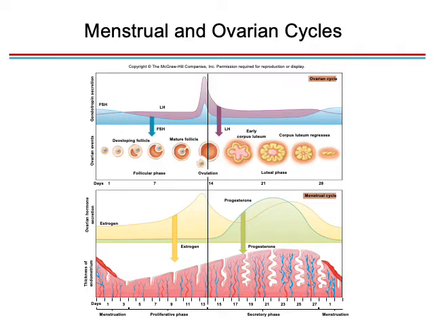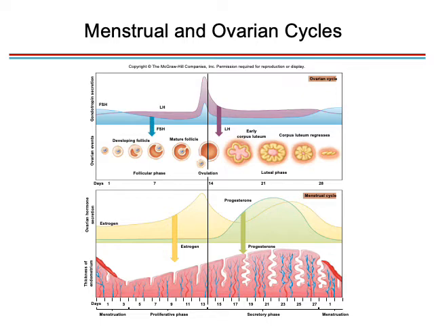The secondary oocyte exits the follicle cells, exits the ovary. Immediately, the remaining follicle cells begin to change their shape, their size, their function, their color, and become the corpus luteum.